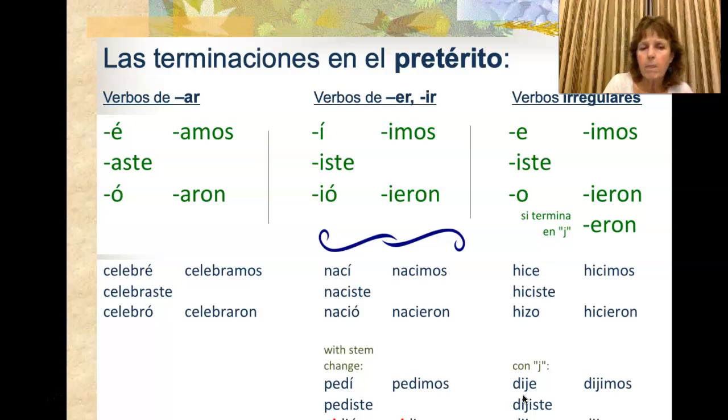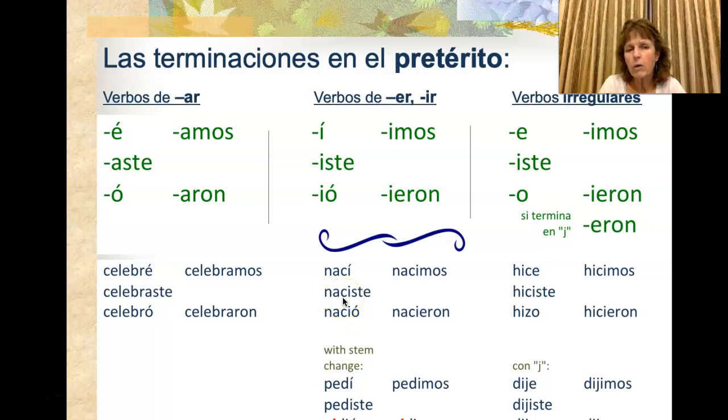So here you see three sets of endings, right? For AR verbs, for ER-IR verbs, and the endings for irregular verbs, except for the ones that end in J, there's a slight difference. And you also know that there is stem change for some of the IR verbs.